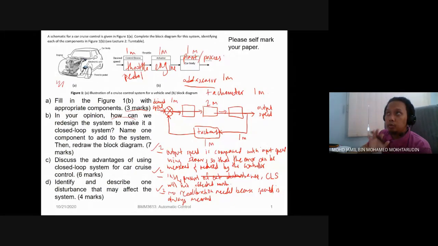You think you pressed below 110, but maybe it's actually more than that, because the tachometer indicates the actual value of the output speed. So that's basically trying to maintain the speed at a constant reference speed. This is point number 1. Any other points that seem logical to get marks?